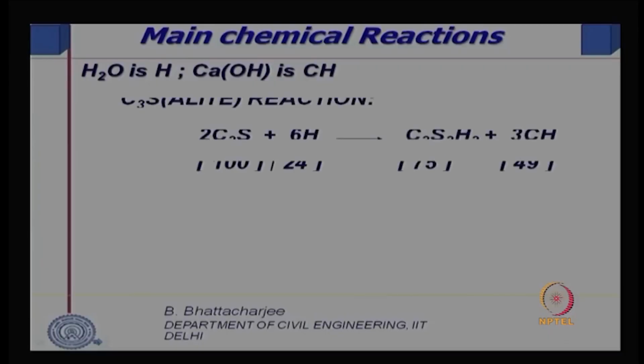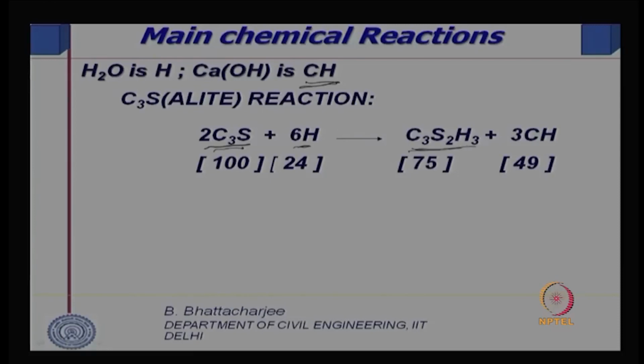Now, the main chemical reactions. We abbreviate calcium oxide as C, and water as H, as mentioned earlier. Thus, calcium hydroxide will be written as CH. 2 C3S reacts with 6 water, which is the typical reaction, forming calcium silicate hydrate and calcium hydroxide.